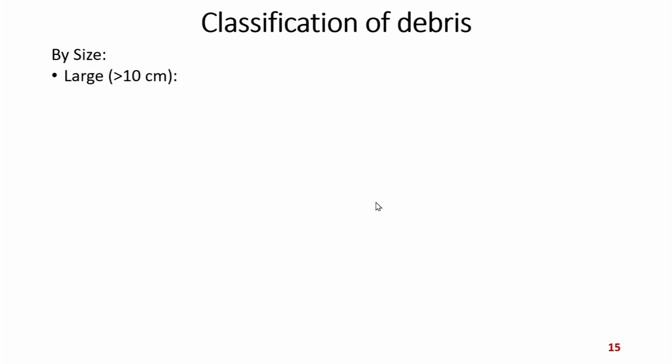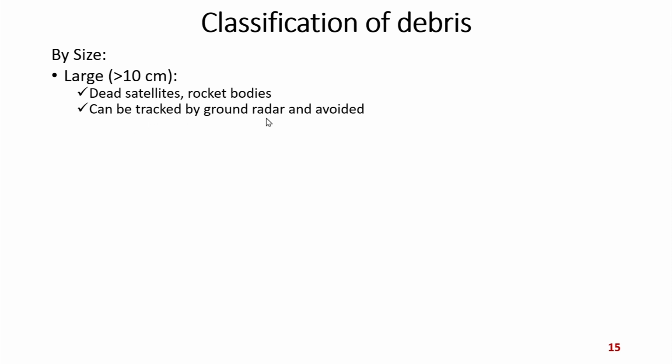Now, by size, we call the debris large when the size is more than 10 centimeters. It can be dead satellites or rocket bodies, which can be tracked by ground radar and avoided. If the debris is more than 10 centimeters, it can be detected by multiple-object tracking radar, and it can be avoided.